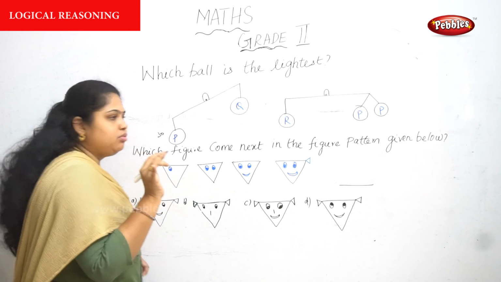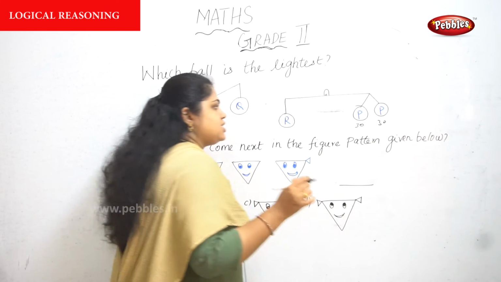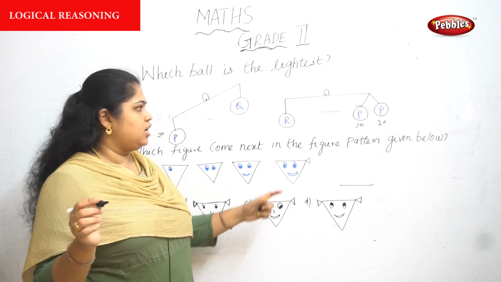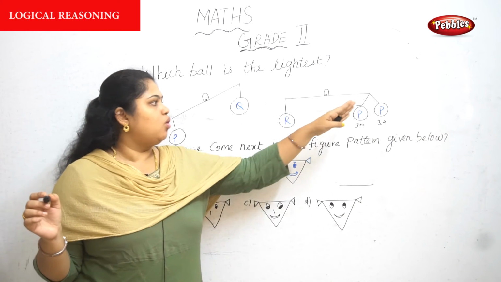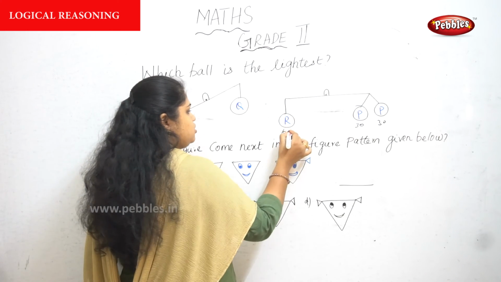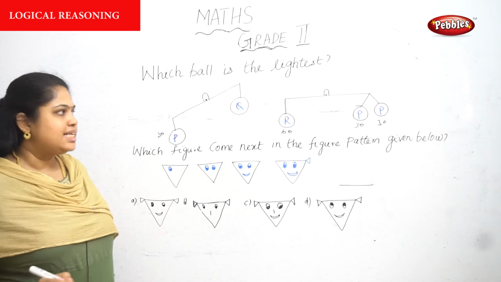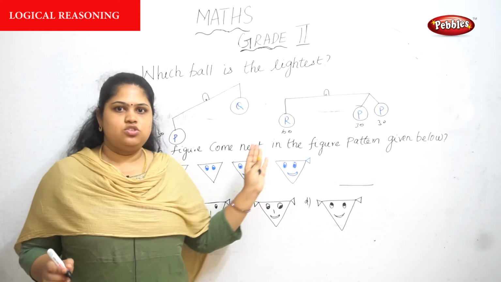This is an example. So 30, then you need 60 kg. If you put 60 kg, then only it will balance. If you take just 1, then it will go down. So it is 60 kg. This is an example. So 30, 60 kg. So we have found it out.